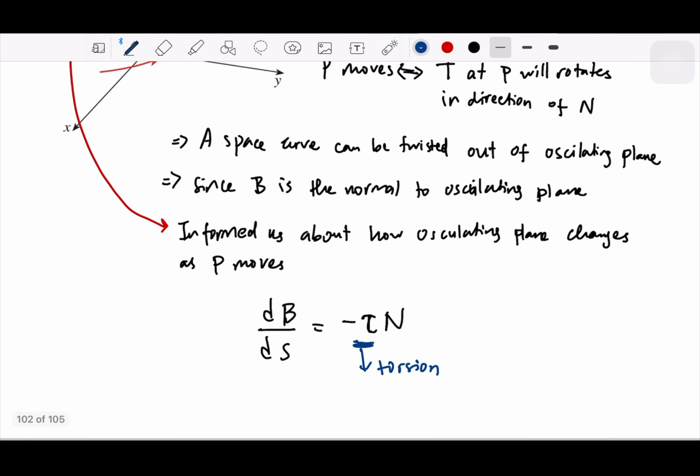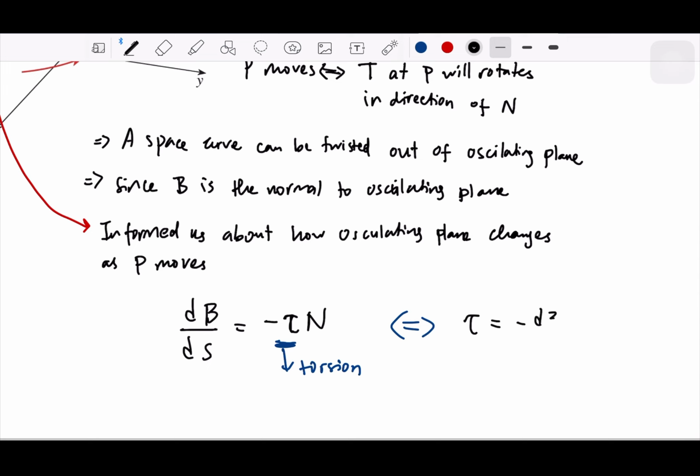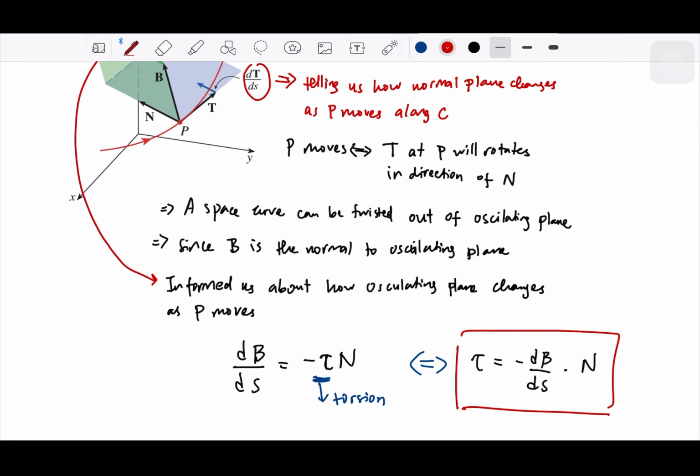If you take the dot product of both sides, we can rewrite this as, okay, perhaps I will just finish until here.